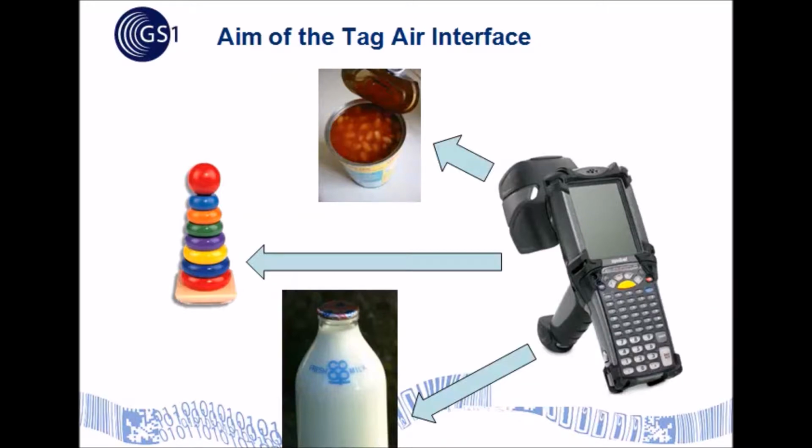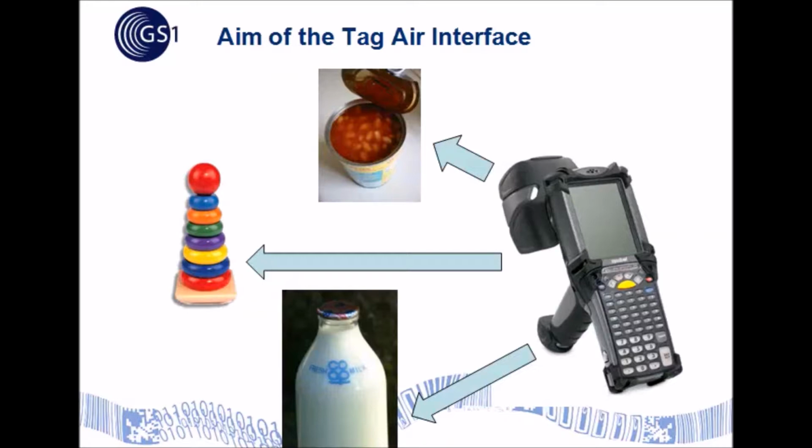So the tag air interface indicates how to communicate a command to a tag from an RFID reader. Since there are different types of RFID readers and different companies produce them, how to communicate between a tag and a reader, especially to send a command from the reader to the tag, will be defined in the tag air interface.